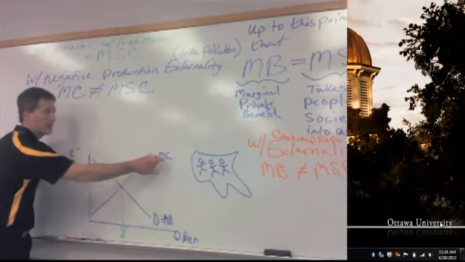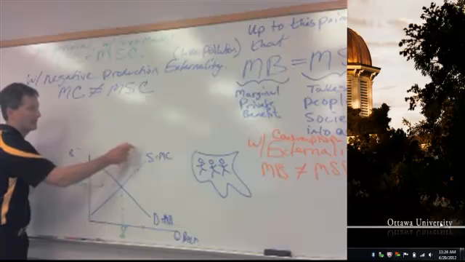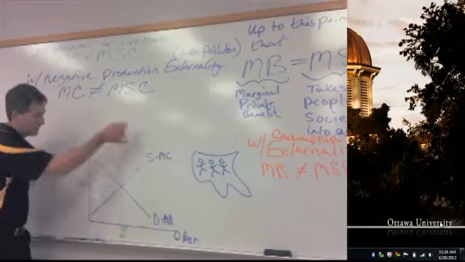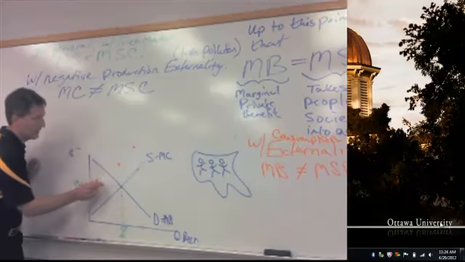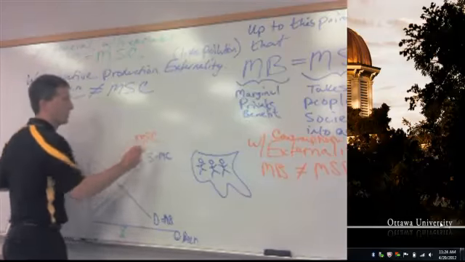That's the private cost. But society's cost was something higher because of the pollution. And as we start to play through that logic, you're going to see a curve revealed. And that is the marginal social cost curve.